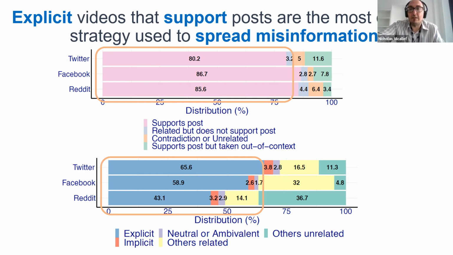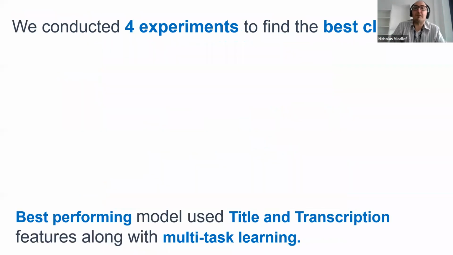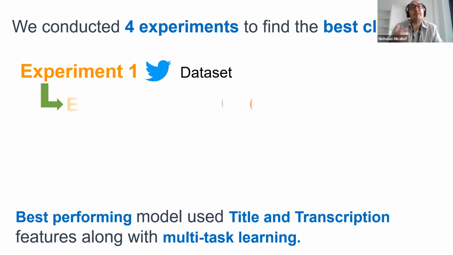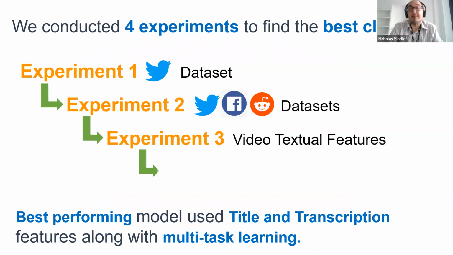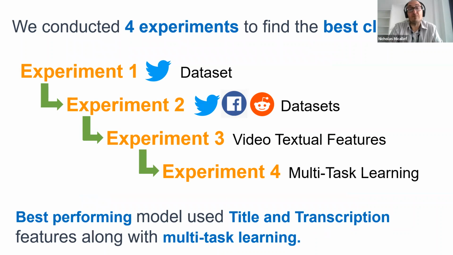So after the analysis of the labeled data, we used the data to conduct 4 experiments to test several classification models that use cross-platform features to find the best setup to automate the detection of post-video misinformation and counter misinformation. The cross-platform features included the text from the post.